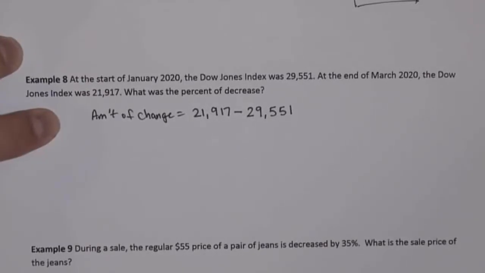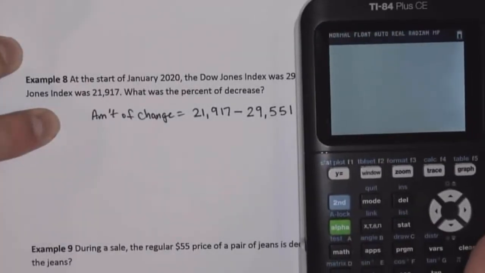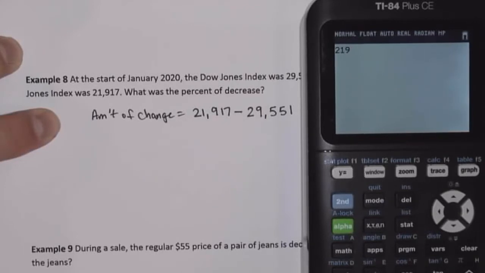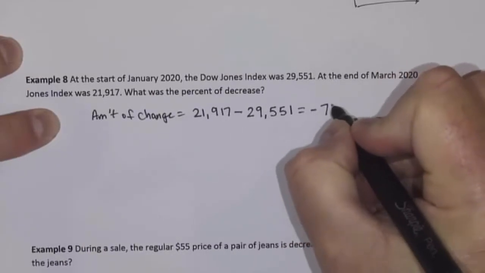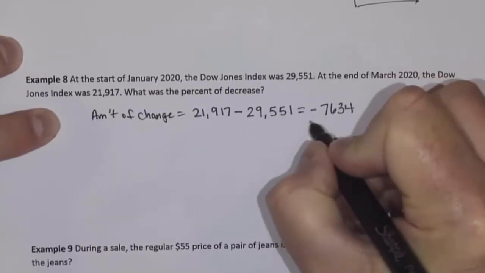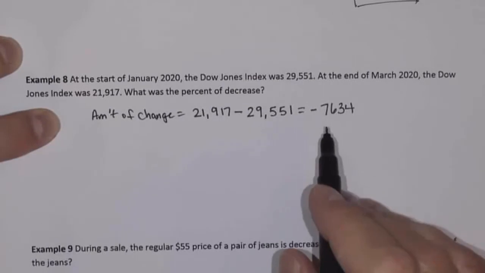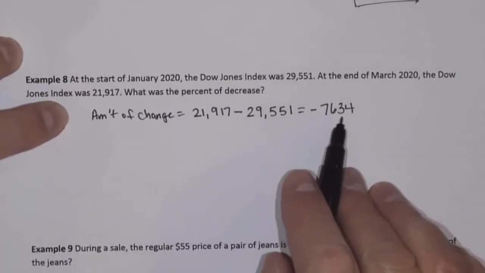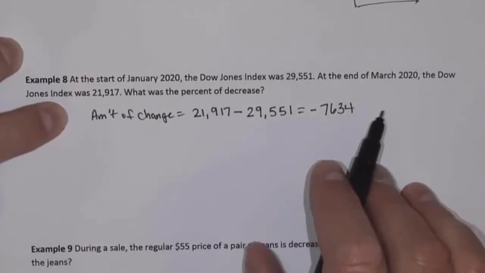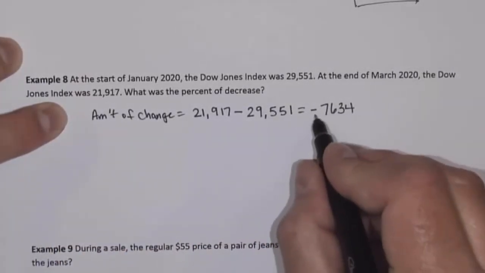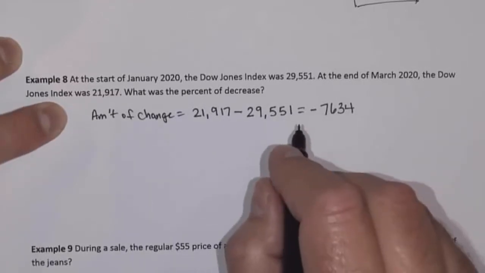So if we do that, 21,917 minus 29,551, that is negative 7,634. The fact that it's negative means it's a decrease. So we had a decrease of 7,634 points in the Dow Jones Index. So we're not going to really worry about that negative. We'll just know that means it's a decrease.